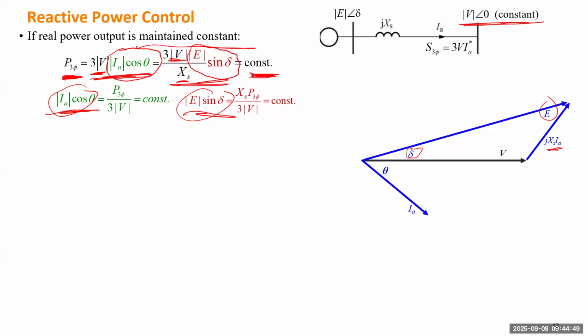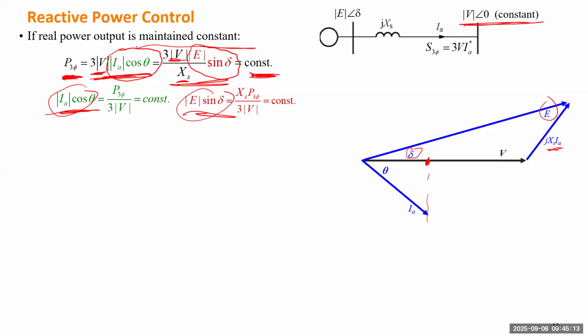So if we draw this triangle, IA multiplied by cosine theta determines the projection onto the x-axis, which will be constant. So no matter how IA changes, it can be longer or shorter or maybe even lead the V, but the projection is always at that point. So that's from the first equation.